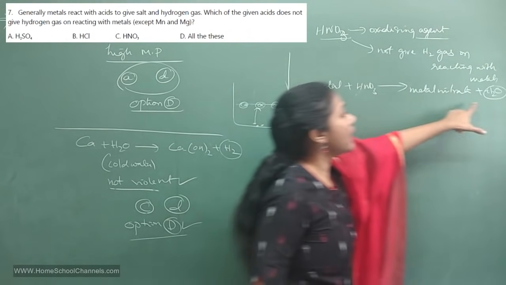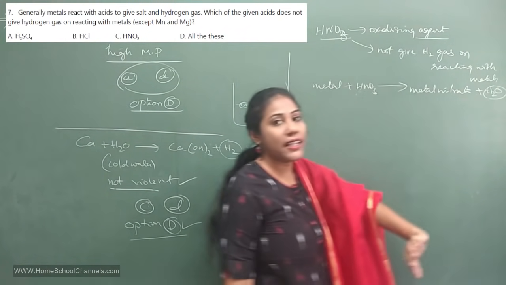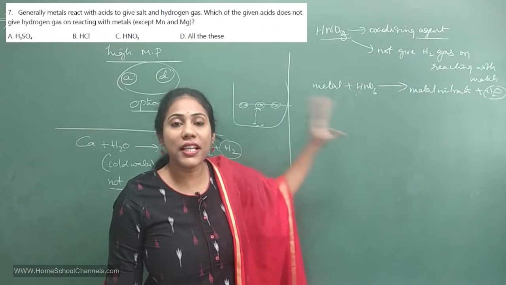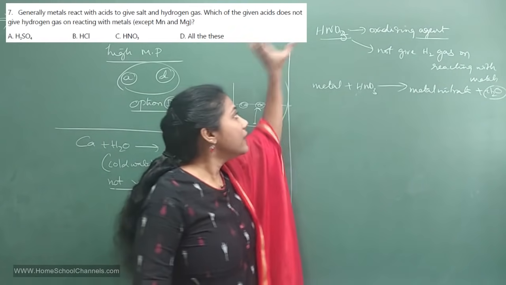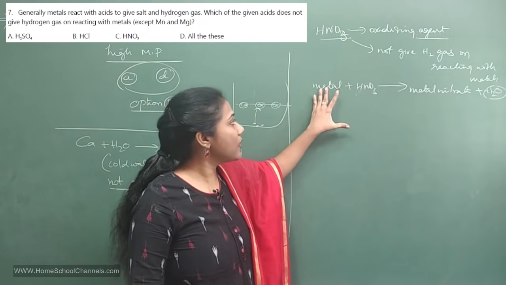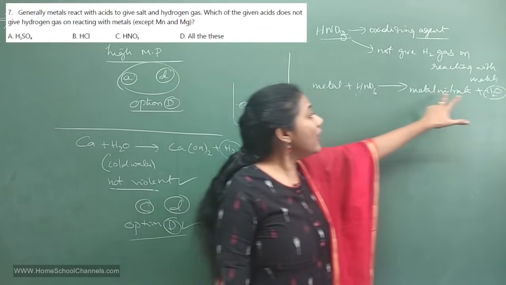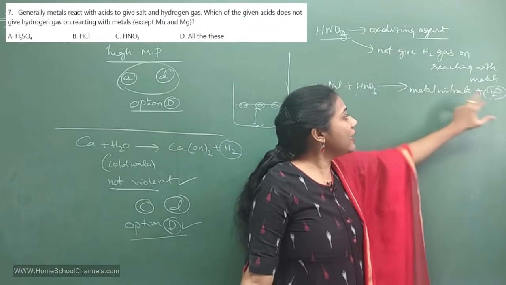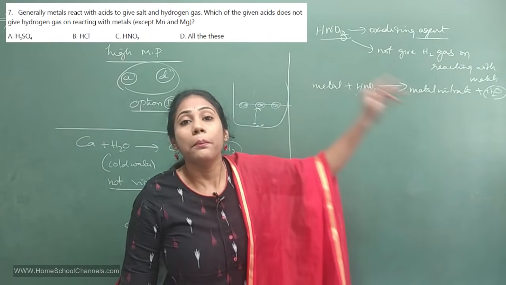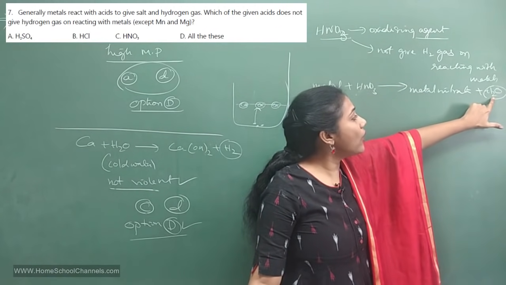Hydrogen gas gets converted into water because HNO3 is the oxidizing agent. You must remember the concept here, guys, not just by-hearting the options. This is the actual concept. Any acid when it reacts with metals, you will get salt and hydrogen gas. But here you will get water. Salt will come, but water will come. Why is hydrogen gas not formed? Because that hydrogen is getting converted into water.